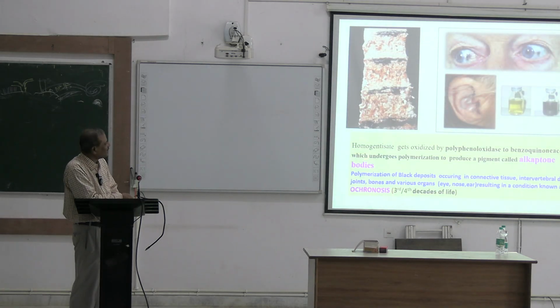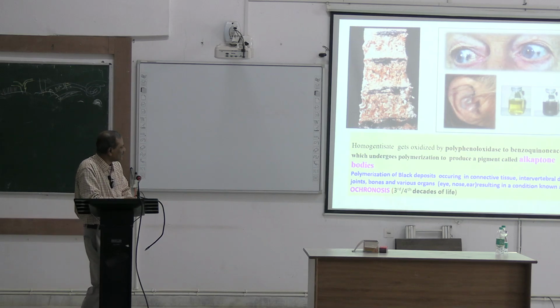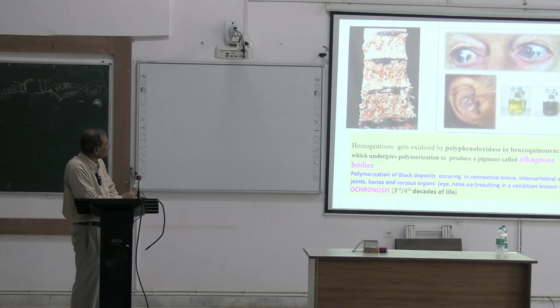So what will happen here? You see, homogentisate will get oxidized by polyphenol oxidase, and alkapton bodies will be formed. They will cause black deposition in the intervertebral disc, and in the eyes you can see this, which is called ochronosis.